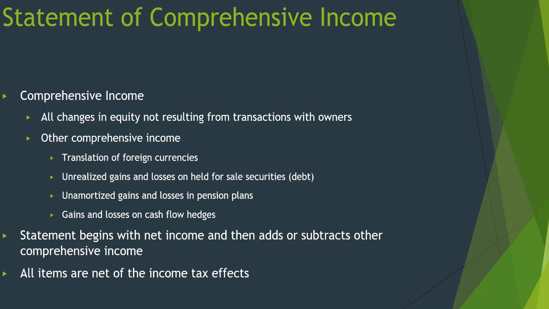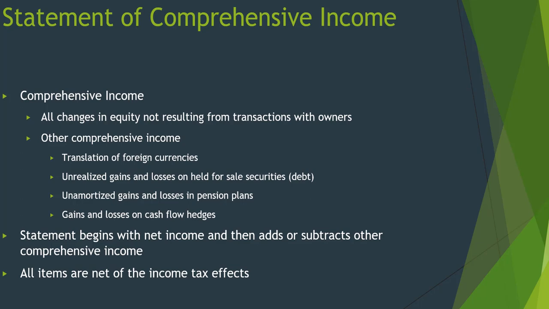This statement is either at the end of your income statement or a separate statement altogether. So it begins with net income. Some companies have their income statement down to net income and then start their statement of comprehensive income after net income. And then you add or subtract other items of comprehensive income.